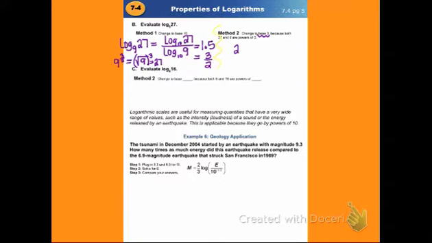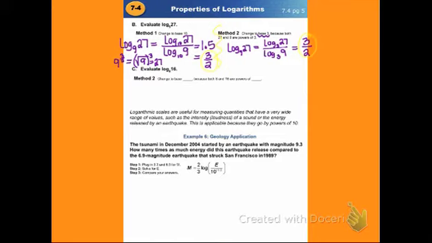So I could write the log base 9 of 27 as the log base 3 of 27 divided by the log base 3 of 9. And then the log base 3 of 27 means 3 to what power is 27, and that's 3. And log base 3 of 9 means 3 to what power is 9, and that would be 2. And so I get that 3/2 again, just using a different base.